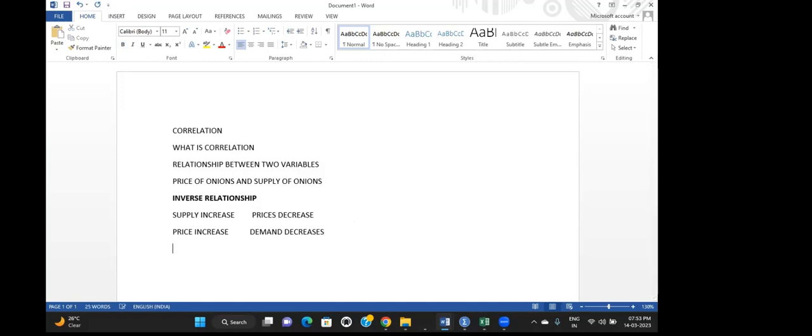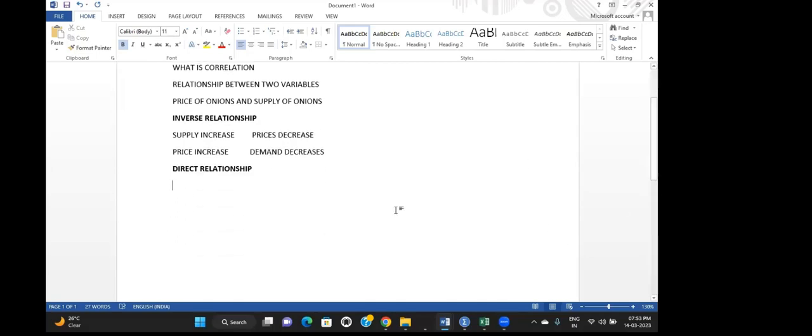Can anybody give me an example of the direct relationship between two variables? Height and weight for a certain age. अगर height ज्यादा होगी तो weight भी ज्यादा होगा. मैडम, demand और price का relation positive ही होता है ना.